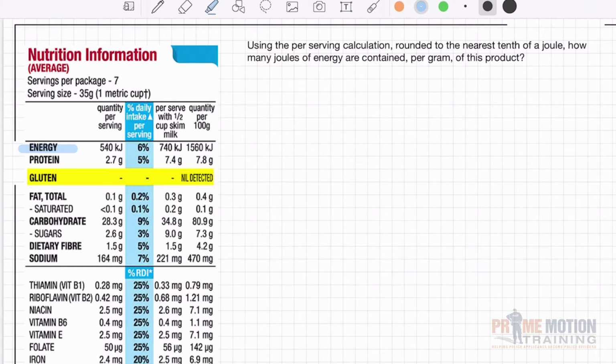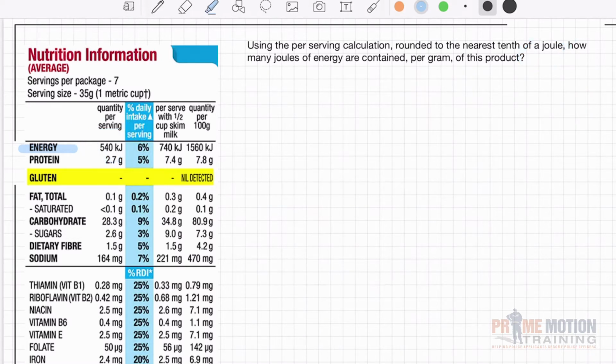Okay, now whenever you've got a question that asks for a certain unit measurement, in this case joules, but the information provided to you in the question is in kilojoules, the first step we really need to do is to convert the information that we've got into the unit of measurement that the question is asking for.